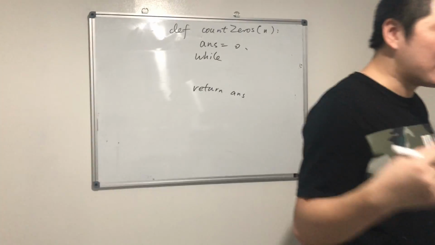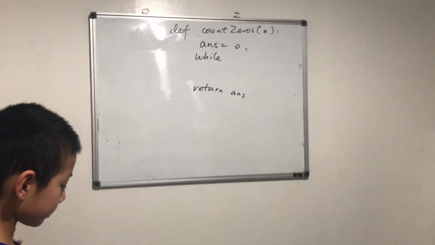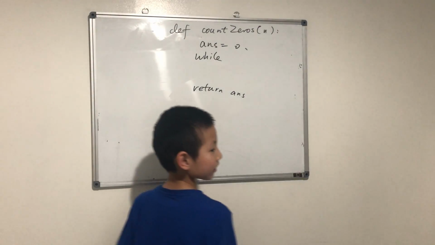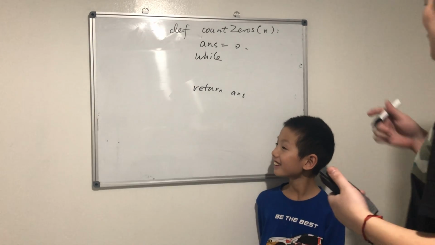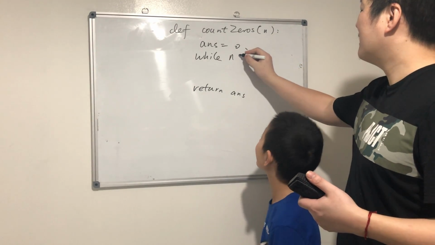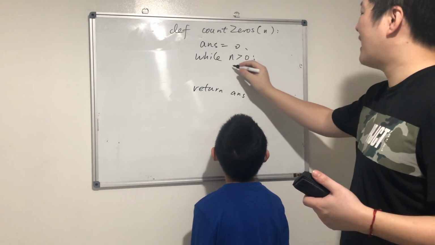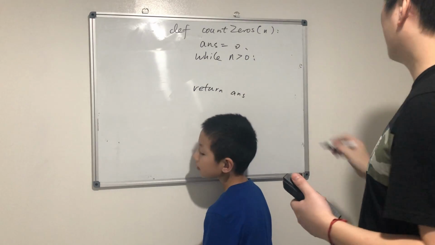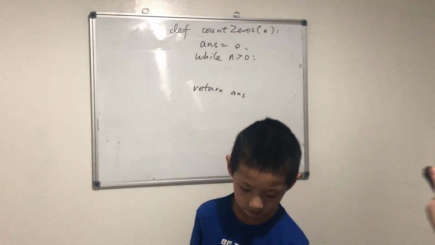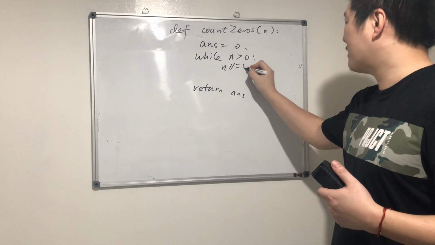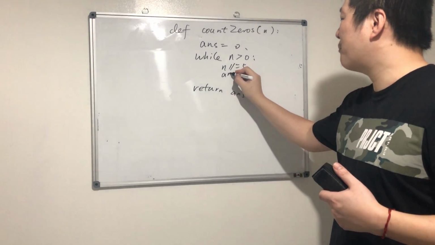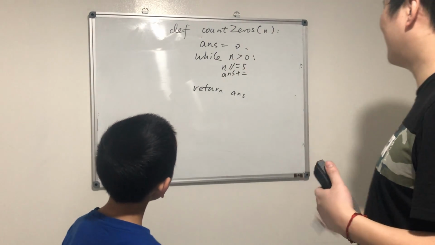First n divided by 5. When n is bigger than 0, then what? n divided by 5, and answer plus equals that.